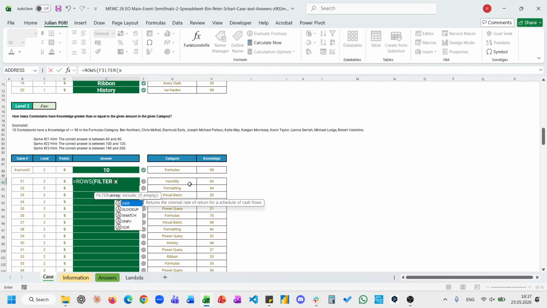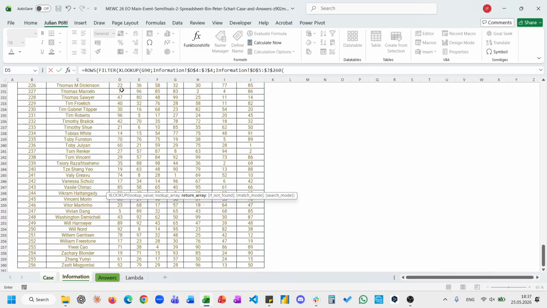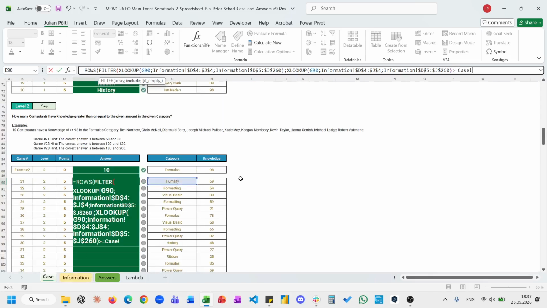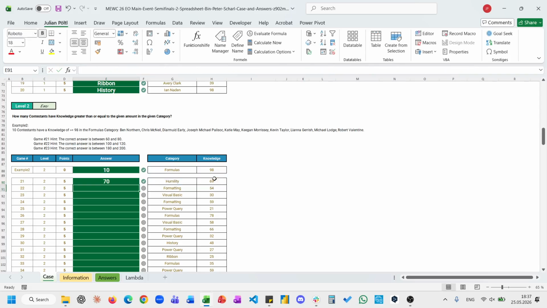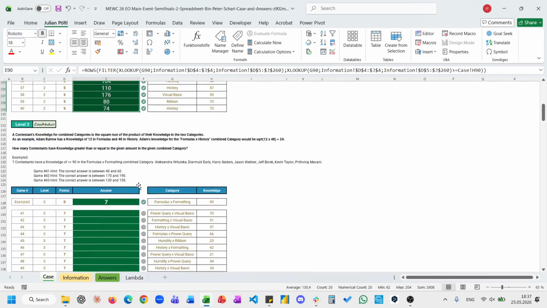Array is XLOOKUP, return the whole thing. So here all the values, and the value should be larger or equal than this here. You see, so far no issues.